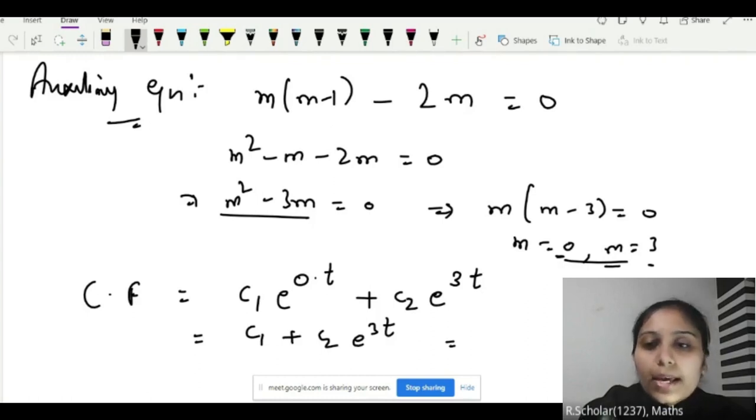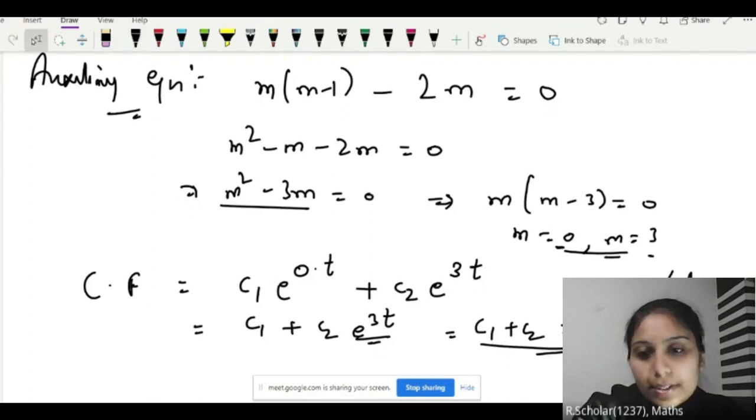We have x is equal to e^t. This is our substitution. So when we put this relation here, C1 plus C2 (e^t) whole cube, e raised to power t is converted by x, so it becomes x cube. So this is our CF in terms of x.